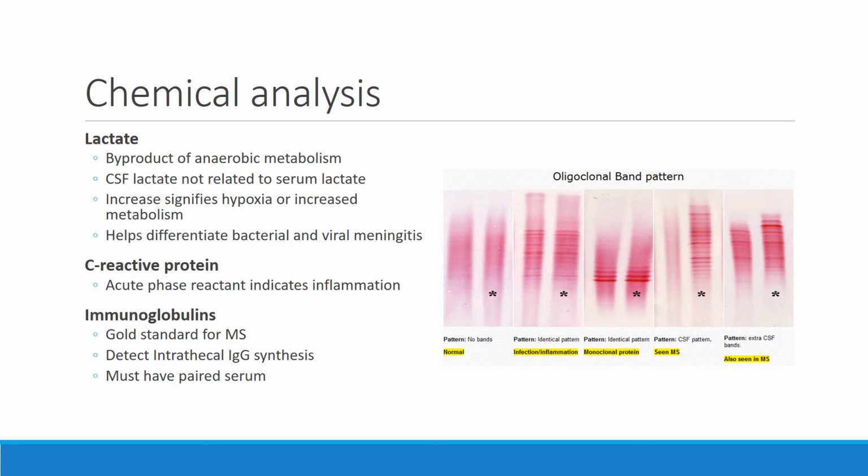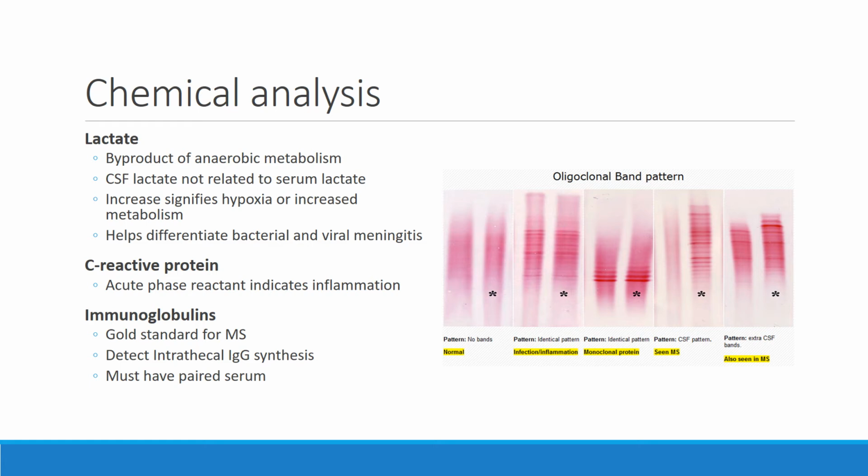The glucose, you need to differentiate between the types of meningitis that you might have, and the protein gives you an overall look at the permeability at the blood-brain barrier, which is really the key. These other ones are ordered at much less common rates, but you need to know what they are in case they're ordered.